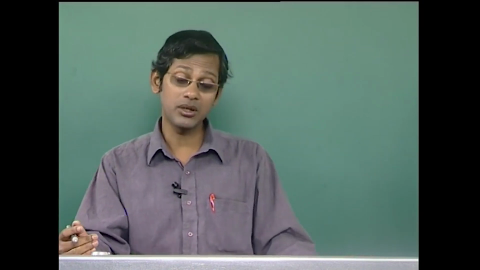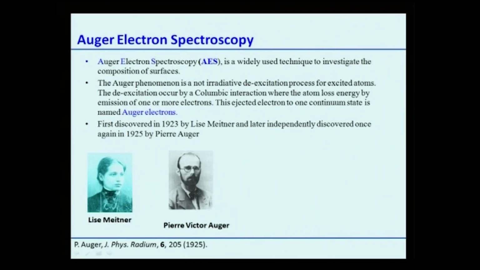But first, it was discovered in 1923 by a lady named Lise Meitner. Her picture is shown here; these are all taken from different books. After two years, in 1925, this was independently discovered by Pierre Auger, and after his name this spectroscopy is coined.